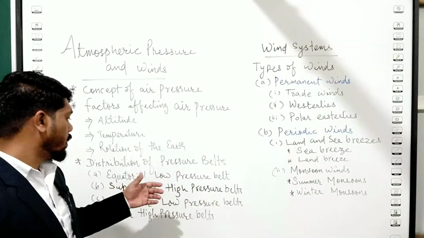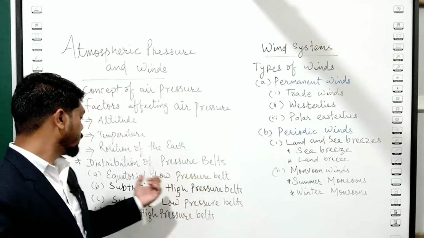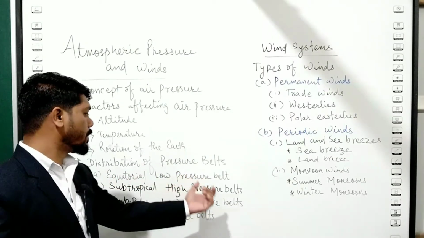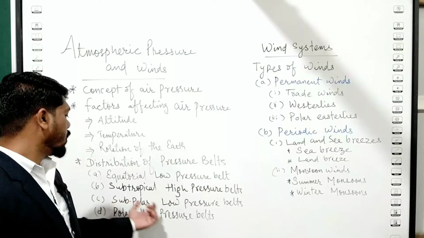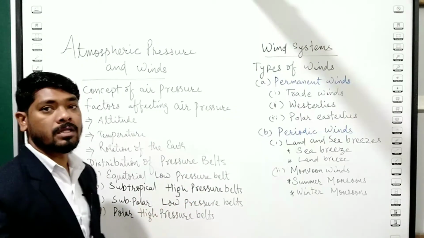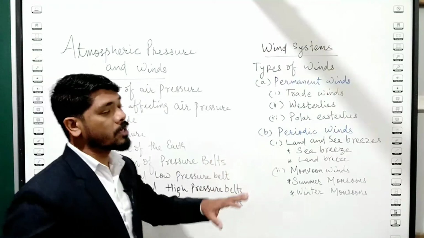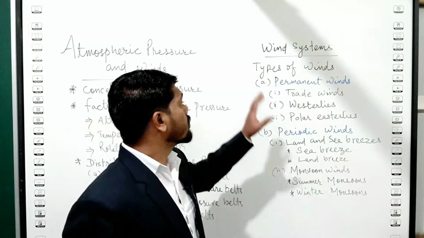There are four categories, that is equatorial low pressure belt, subtropical high pressure belts, subpolar low pressure belts, and polar high pressure belts. We have also discussed the wind systems, that is types of winds.